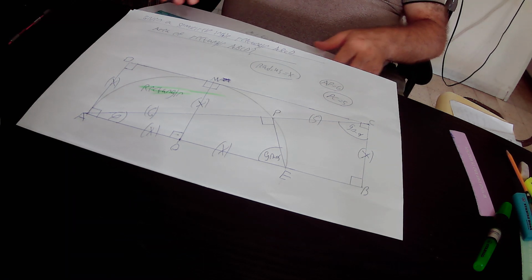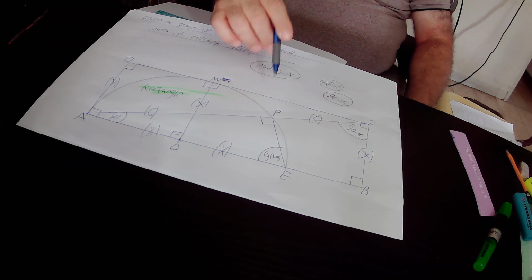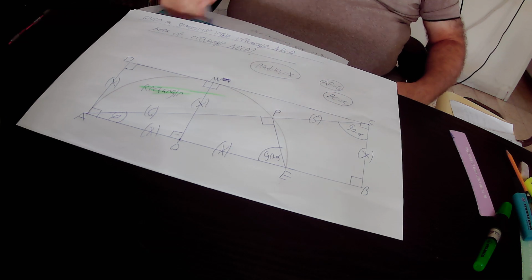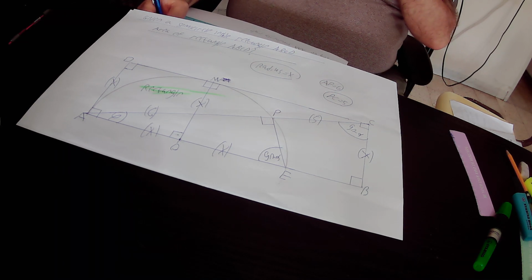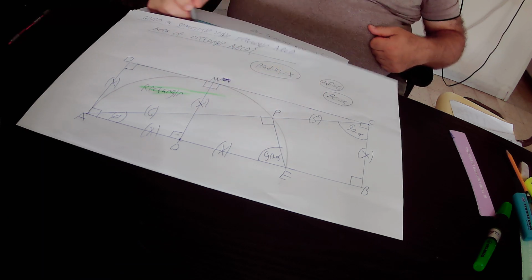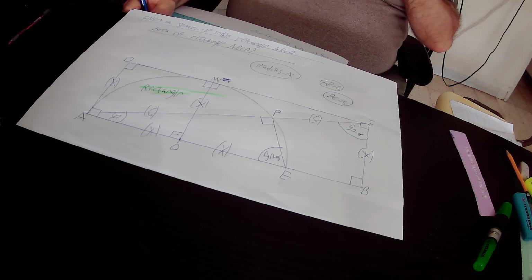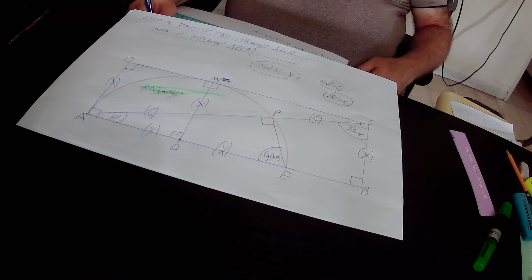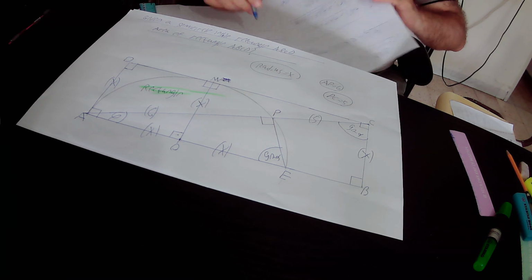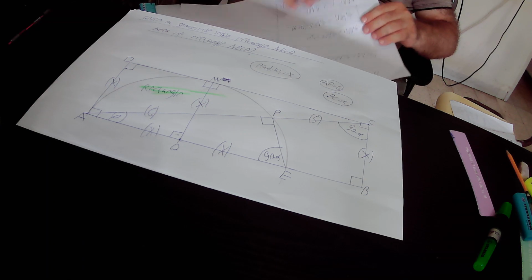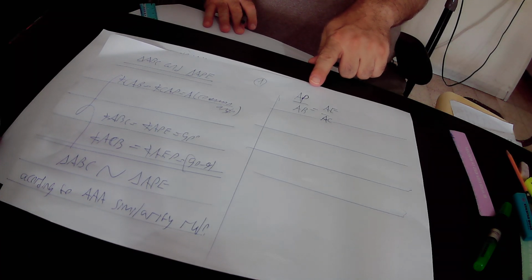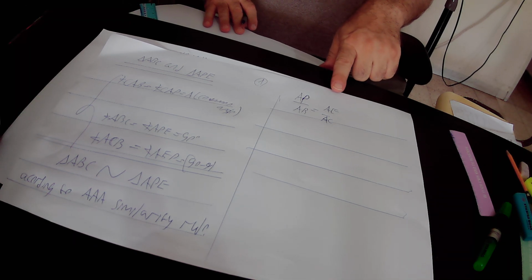We will derive that side AP of the small right triangle APE over side AB of the big right triangle ABC is equal to side AE of the small right triangle APE over side AC of the big right triangle ABC.